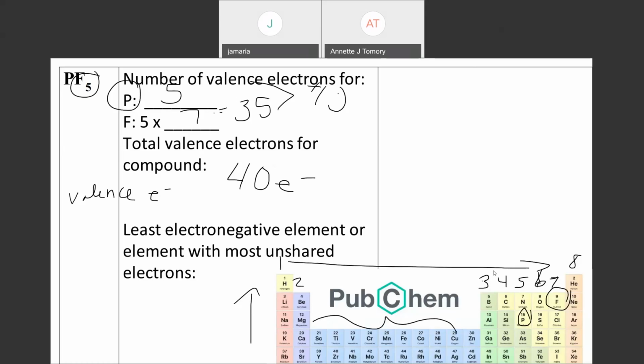What's the furthest away from fluorine? Phosphorus. That's right, phosphorus is the least. So that means that's going to be the one that's in the middle. We also have 5 fluorines here, so we're going to put the fluorines around the phosphorus.